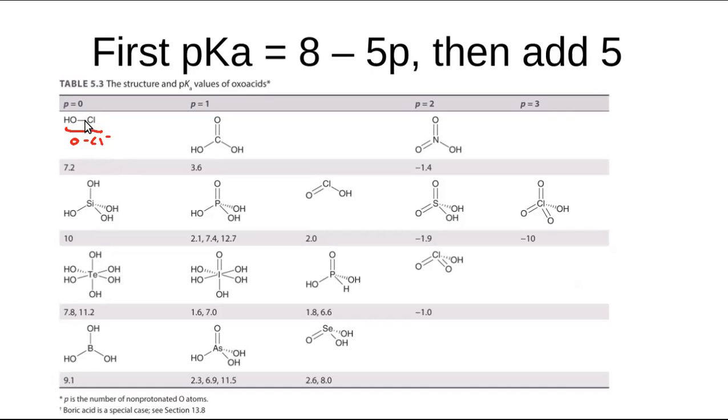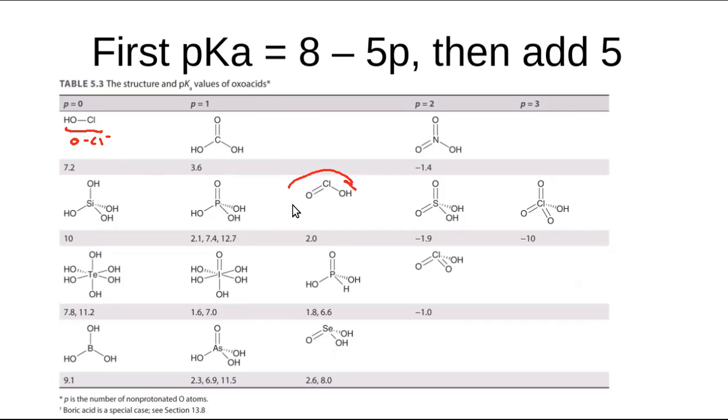Is it a strong acid, or is it a strong base? Well, on average, maybe we can compare to this one. This is carbonic acid. Why doesn't it have any chlorine? Carbonic acid.